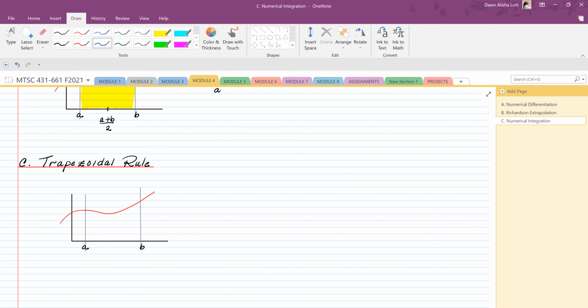So I'm going to start from this point here, and I'm going to draw a trapezoid between A and B. And then the area is everything I get inside the trapezoid.